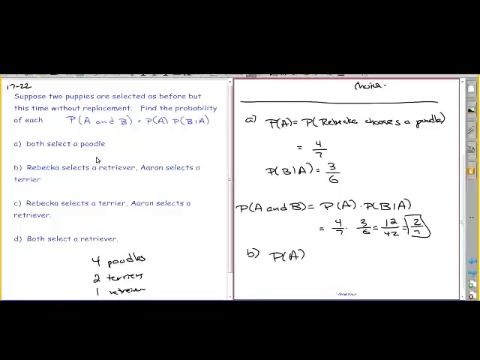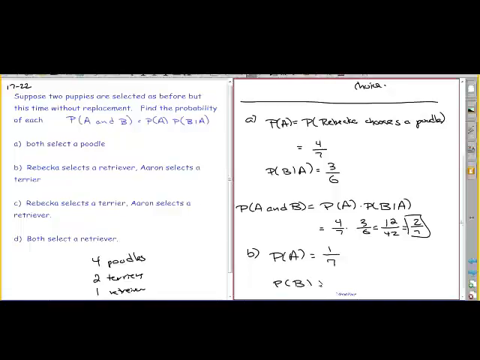What's the probability of Rebecca picking a retriever? We looked at how many poodles we had divided by the total number of dogs. How many retrievers do we have? 1. How many dogs do we have? We're starting over again, so 7.